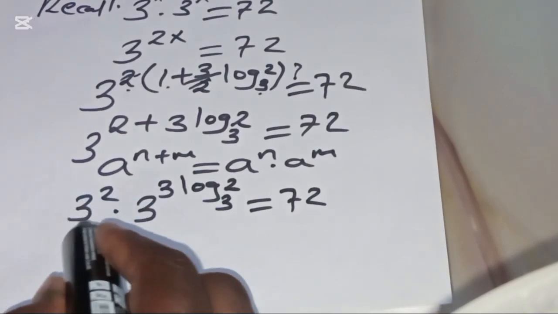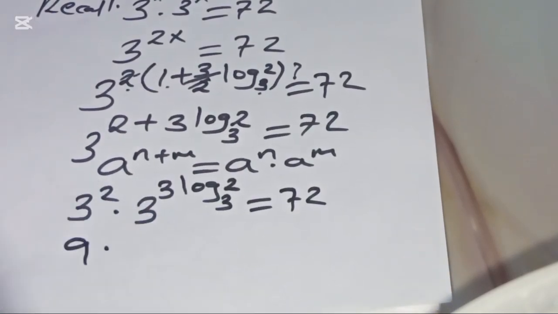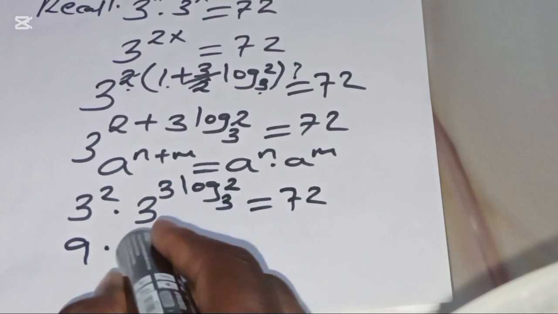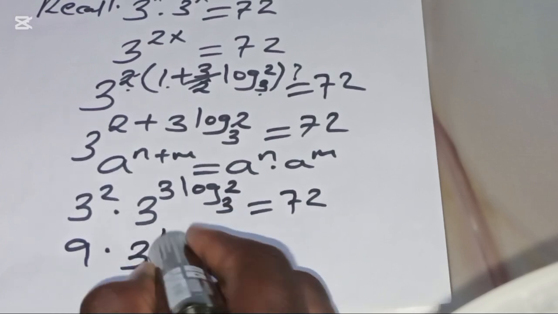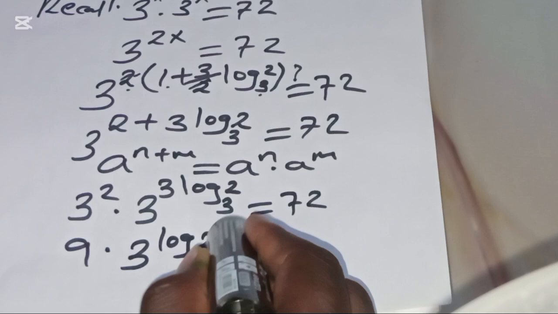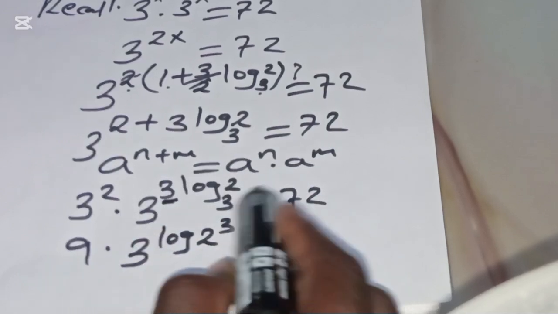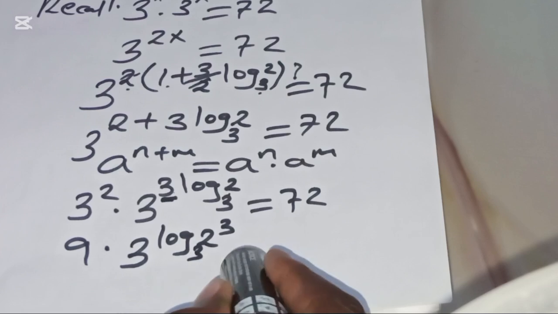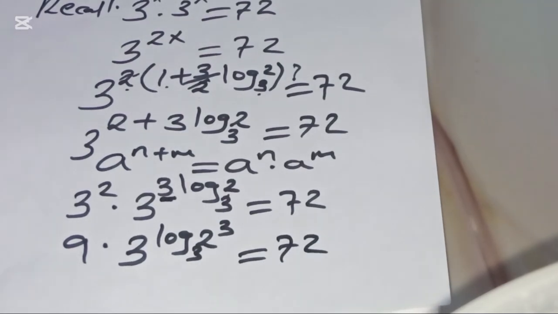Now, 3 to the power 2, this is the same thing as 9, multiplied by 3 to the power 3 log 2, which is the same thing as 3 to the power log 2 to the power 3 to base 3. This should give us a value of 72.